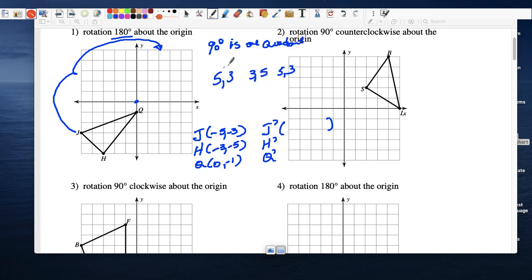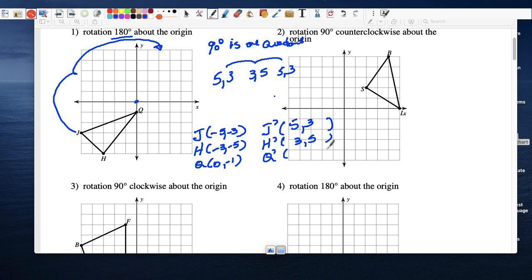You switch the number once, switch the number twice, and point J prime will be 5 and 3, but in quadrant 1, everybody's positive, so you leave it as that. Point H is negative 3 and negative 5. It still is going to be negative 3 and 5, but because it lands on quadrant 1, everybody's positive.